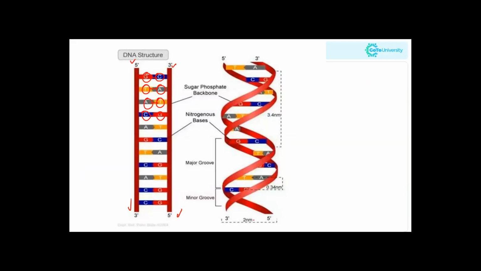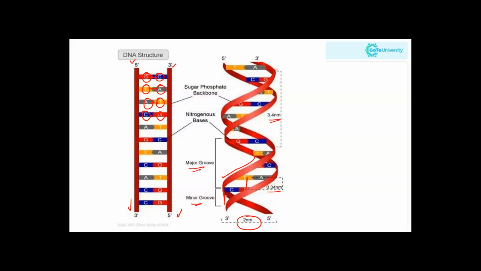Converted to nanometer, it is 2 nanometer. The distance between two curves, that is between one curve and the next, will be 3.4 nanometer, and the distance between two nitrogenous bases will be 0.34 nanometer. The major curve is called the major groove and the small curve is called the minor groove.